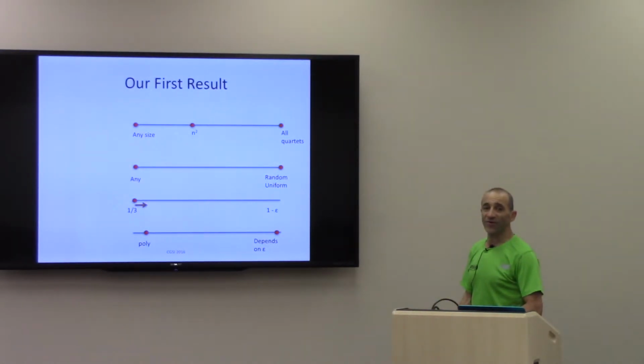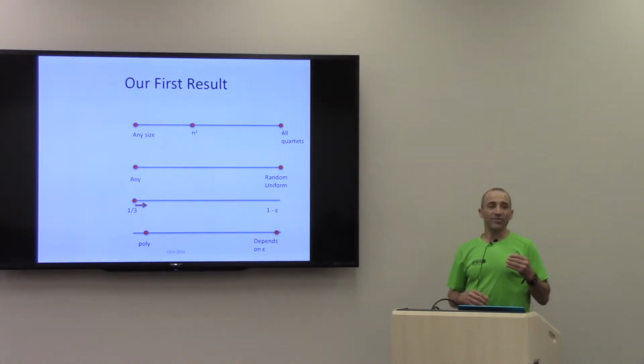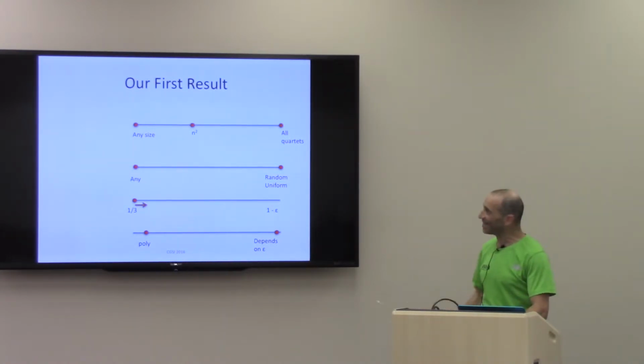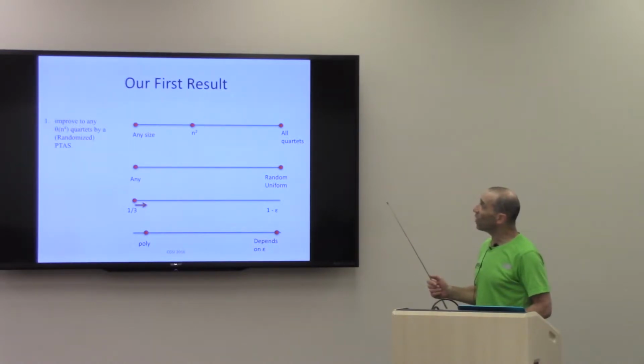So what is our first result? It's a seemingly very simple result. On the other hand, I like to speak about it because I think it is conceivable and understandable, yet very strong. What we did is we observed the following thing. We improved to any density.